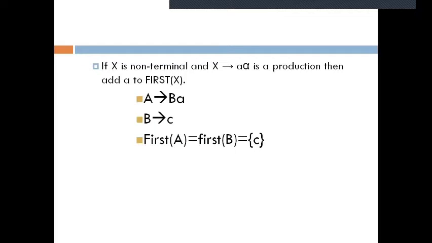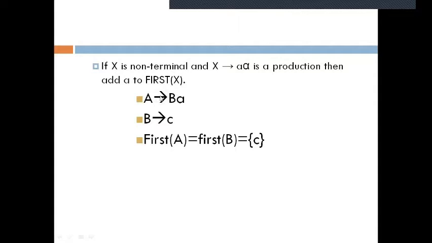And the third rule is, if x derives A alpha, where A is a non-terminal, what we are going to do? For example, if you are having A derives capital B small a, where capital B is a non-terminal and small a is a terminal.